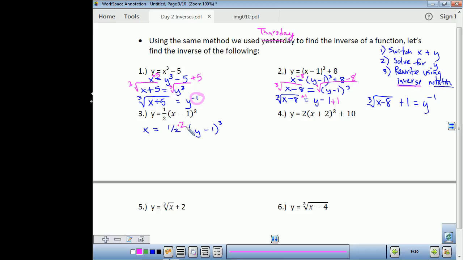So everything over here gets multiplied by 2, and everything over here. This gives me 2x equals y cubed. Inverse notation, not there yet. We have to take the cube root of both sides. You're right.